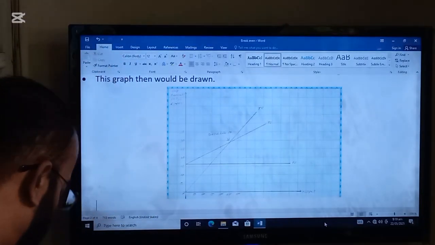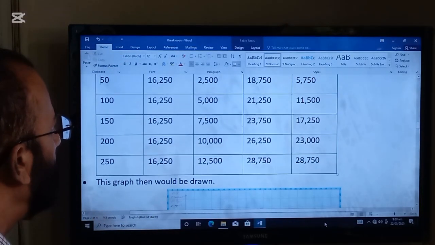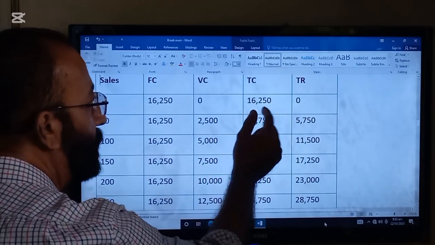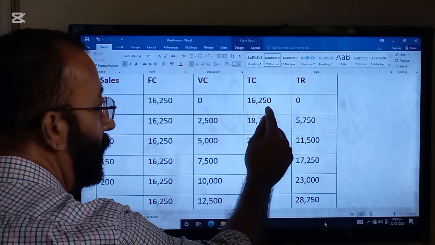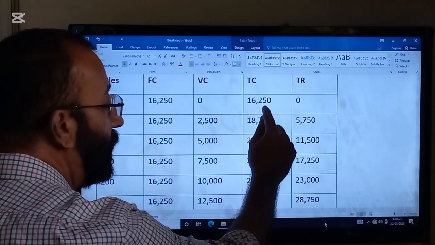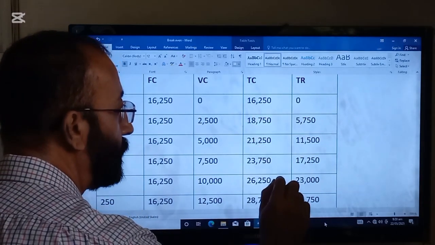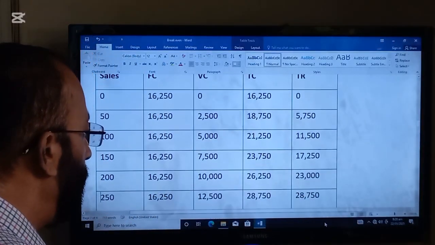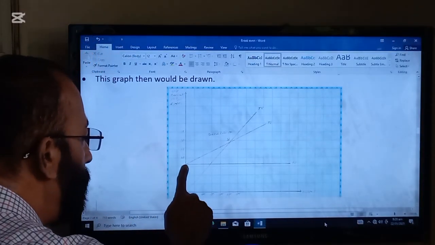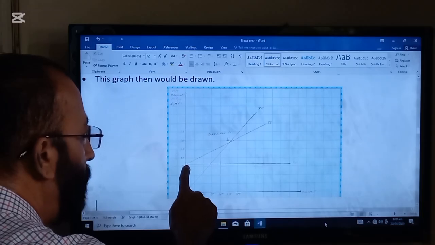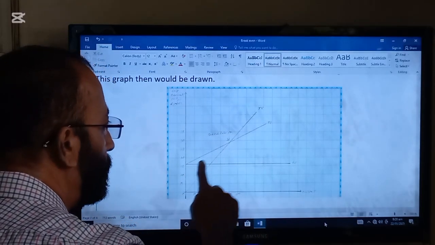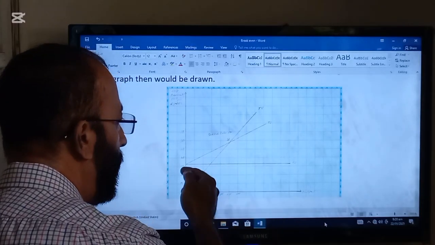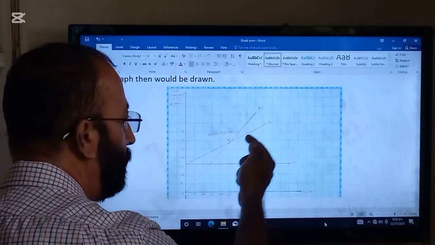The total cost line starts from 16,250. So 16,250 is the initial point, the beginning point of the total cost line, and we plot the values accordingly and then join the points with the help of a ruler.